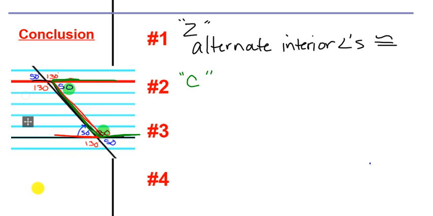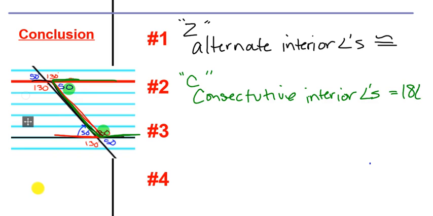And the C, remember, are the consecutive interior angles. So we have consecutive interior angles, no longer congruent, but 180 degrees. They are supplementary to each other. Those are the interior angles that we dealt with.